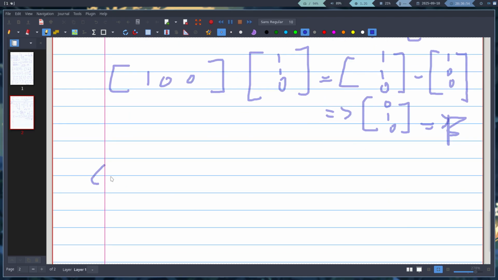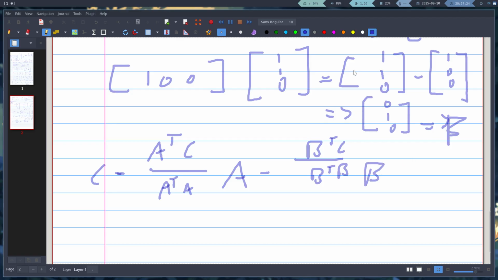And then C, this portion I was not entirely sure about for some reason, but now that I look at it, it makes complete sense. So A transpose A is obvious at this point, and then B transpose C over B transpose B, multiplied by B. At the time I was not very well, I'm still kind of sick actually, so I couldn't see these vectors.